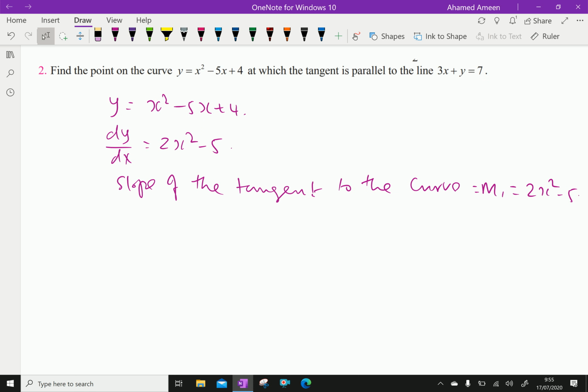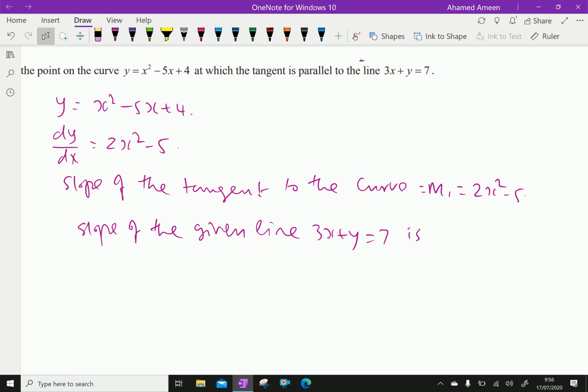Now it's given the tangent is parallel to the line 3x plus y equal to 7. Now slope of the given line, that is 3x plus y equal to 7, which we can write as y equal minus 3x plus 7.